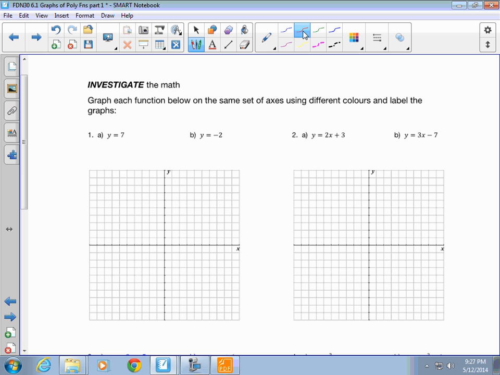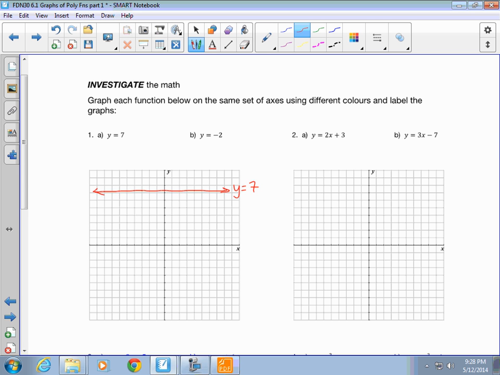You go up 1, 2, 3, 4, 5, 6, 7, that's a nice straight line through there. So this is y is equal to 7.